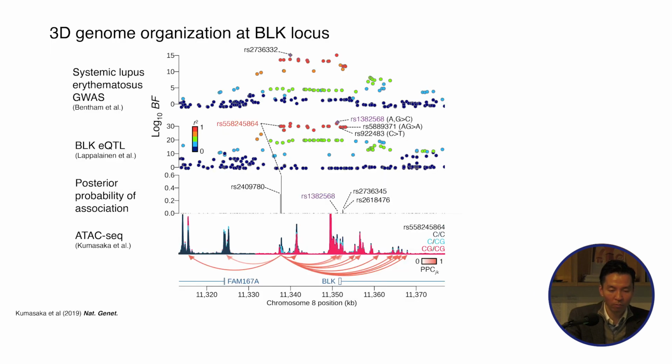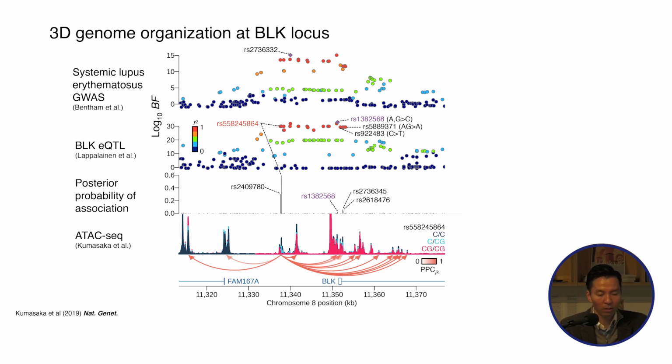And using this information, we were able to pinpoint a variant located in between those 2 regions, although previously 3 different SNPs around the transcription start site of BLK were implicated to SLE and rheumatoid arthritis.